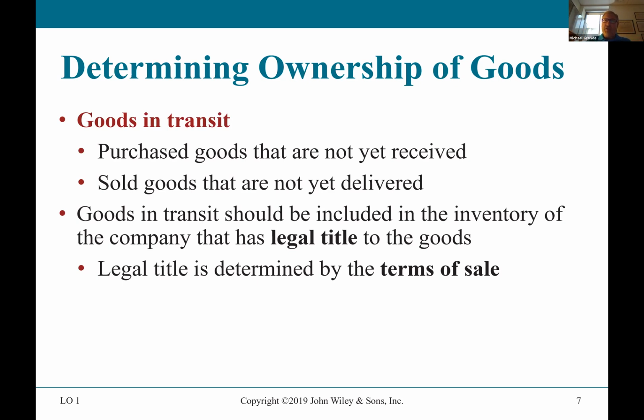Just because the inventory is not in the warehouse doesn't mean we don't own it. We may own it, depending upon the terms of shipment. Goods in transit should be included in the inventory of the company that has legal title to the goods. Legal title is determined by the terms of the sale.